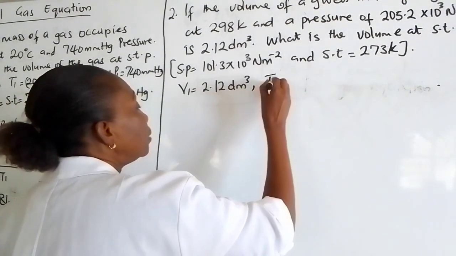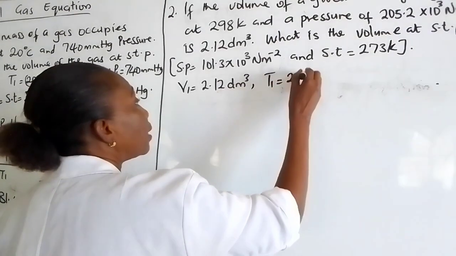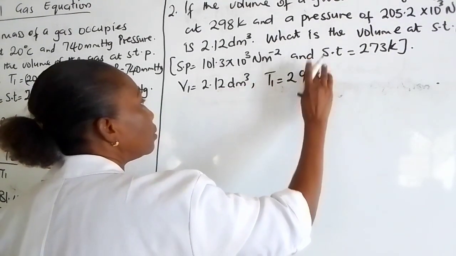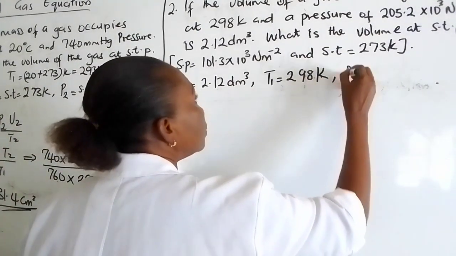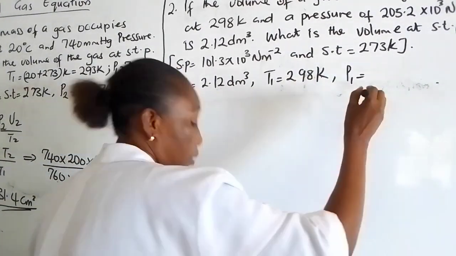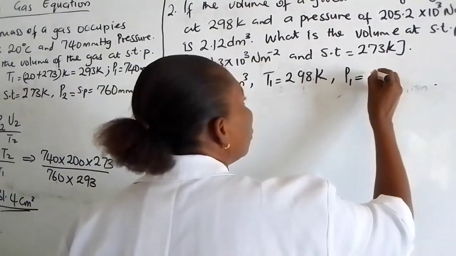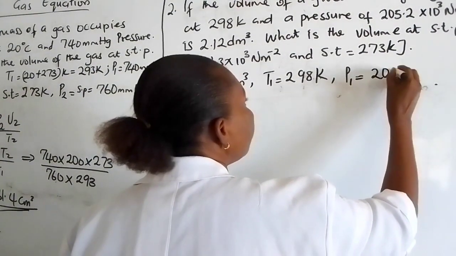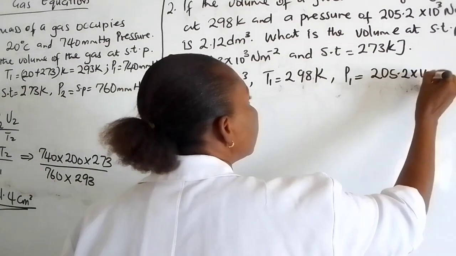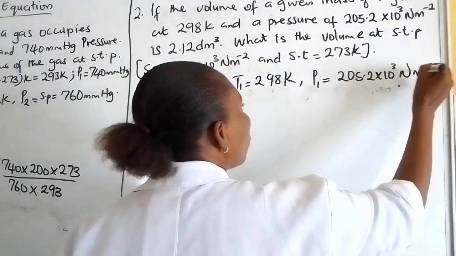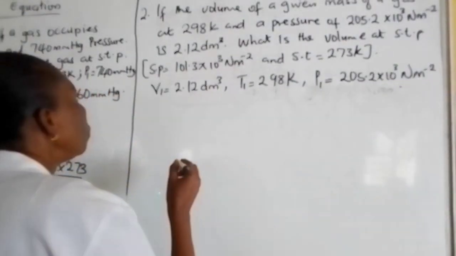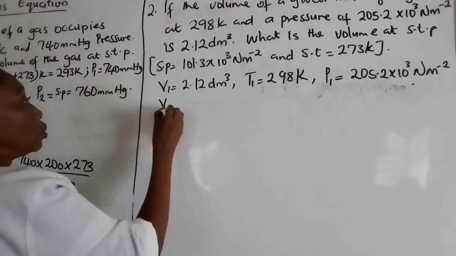Our T1, initial temperature, is 298 Kelvin. Our P1 is 205.2 times 10 raised to power 3 Newton per meter squared, while our V2 is unknown.